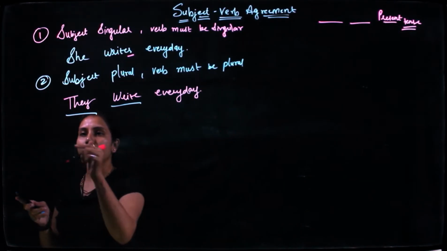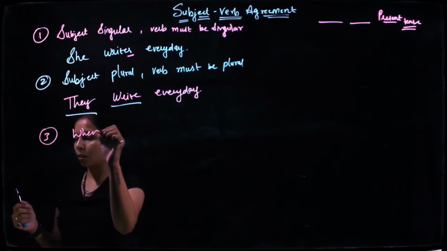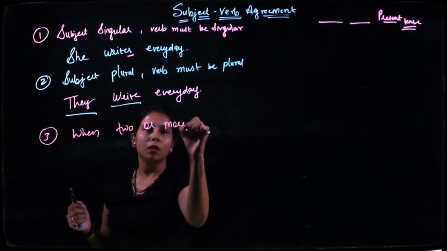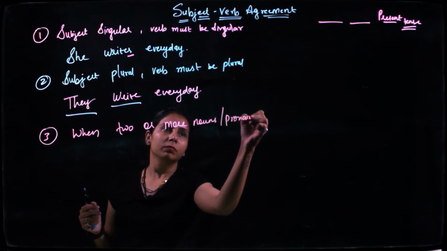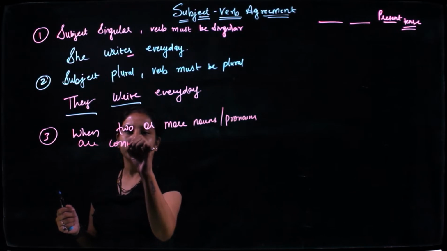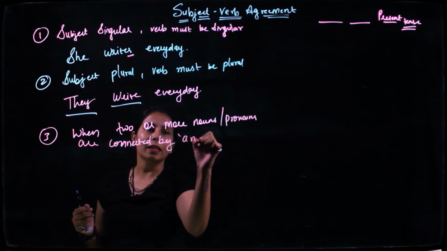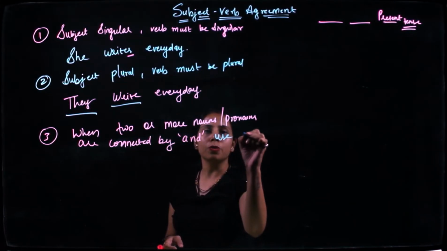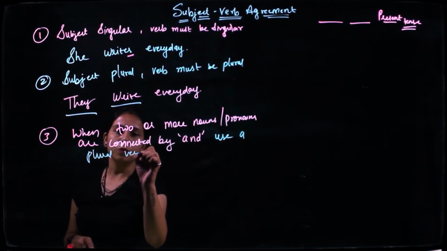All right, now I would talk about the third scenario. When two or more nouns or pronouns are connected by and, in that case, we need to use a plural verb.